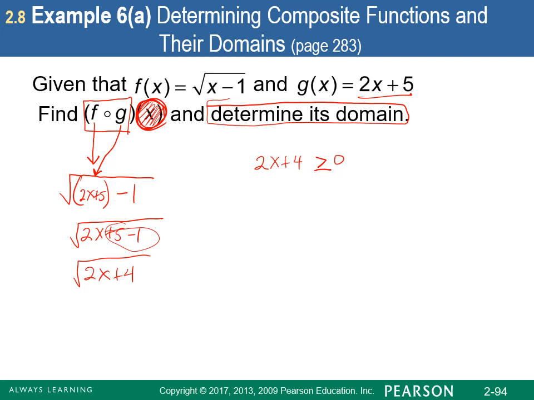And then we can solve that inequality. And so here is -2. We're shading to the right of that. And it has a solid dot on it. In interval notation, that would be -2, infinity.